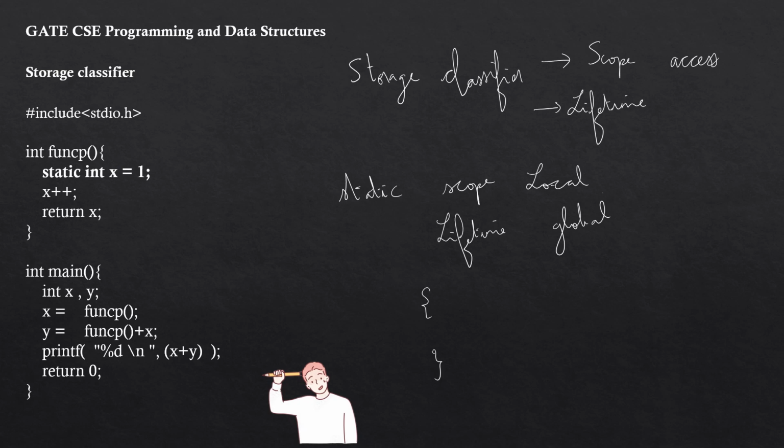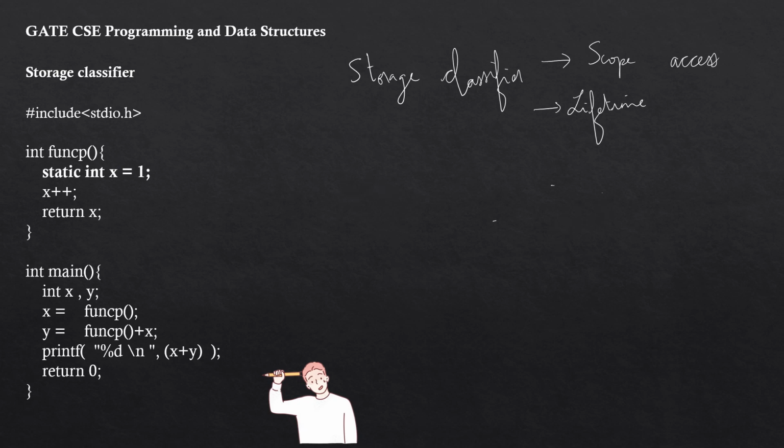So in terms of static, we can only access it within the body, but the lifetime is global. It means the compiler is going to create the value in memory only once, and next time whenever you try to use it, it's going to use the same memory value. We'll get a bit more clarity on this idea when we see this question.